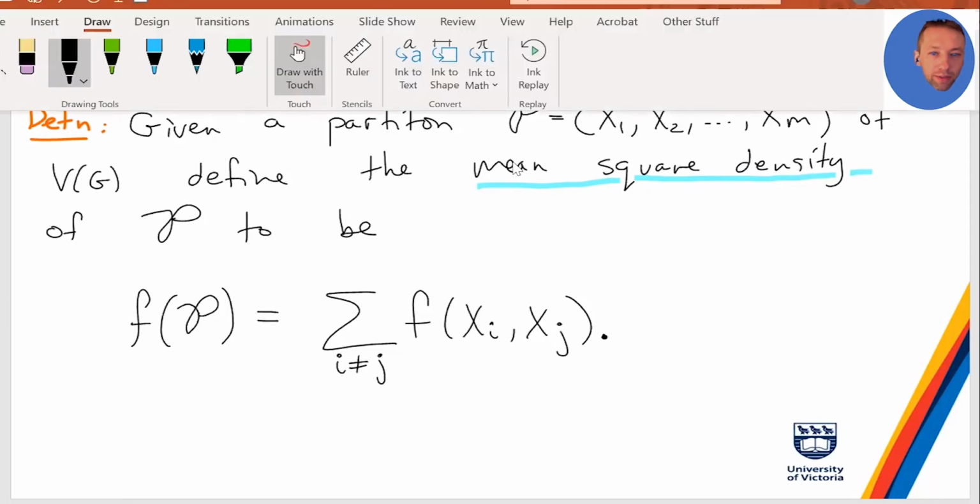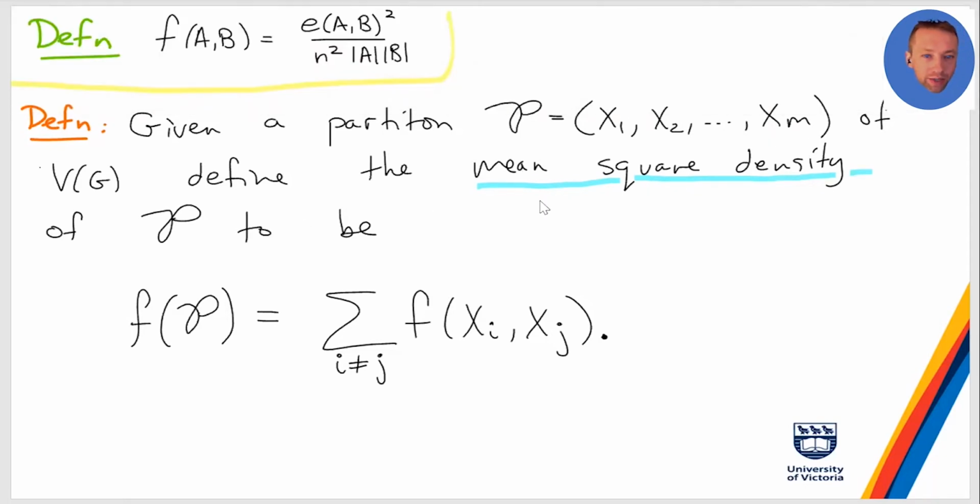So say we have a partition X1 up to Xm of the vertex set. We define the mean square density of the partition script P to be f(P), which is just the sum over all i not equal to j of f(Xi, Xj), where the f thing is given here.